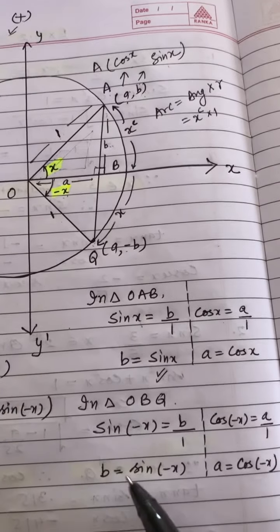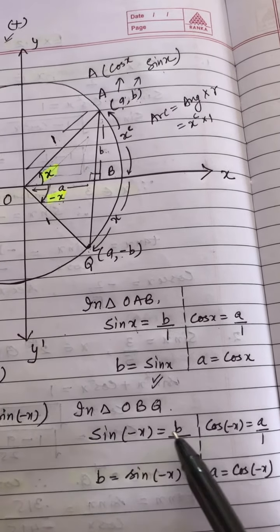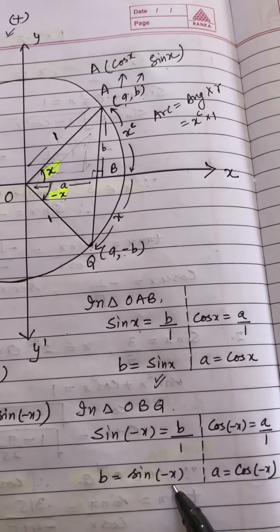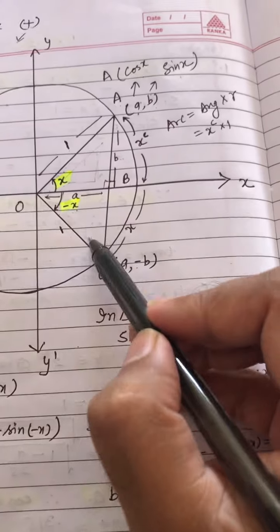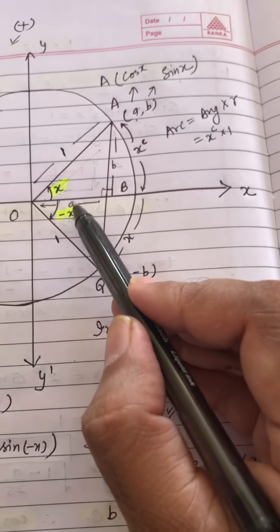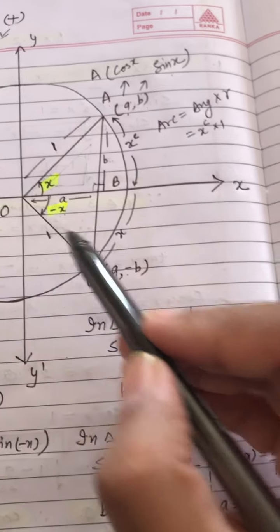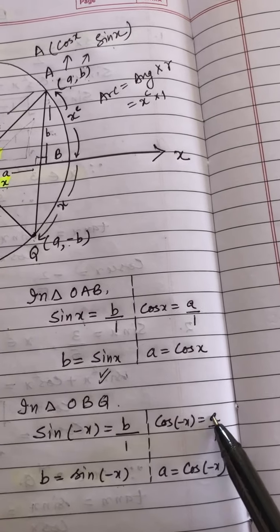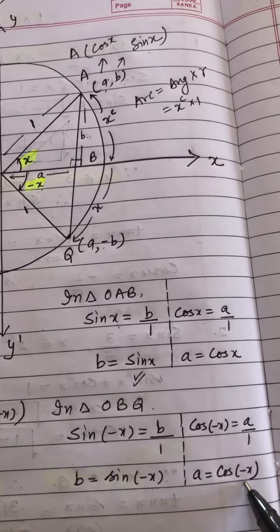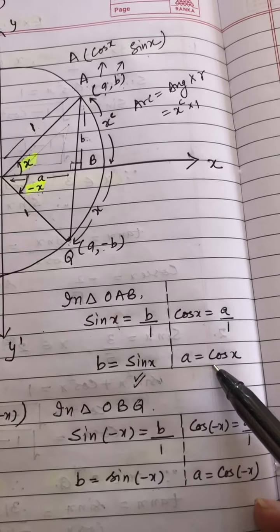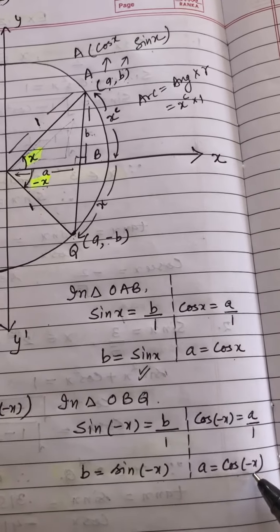So the value of b will be sin of minus X. Similarly, the value of cos of minus X: cos is base upon hypotenuse, a upon 1. So we get a equals cos of minus X. And from above, we got a equal to cos X.